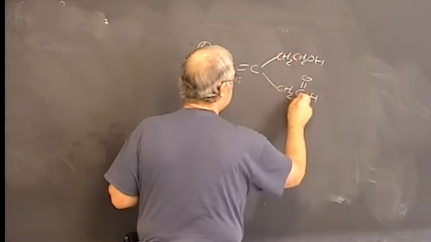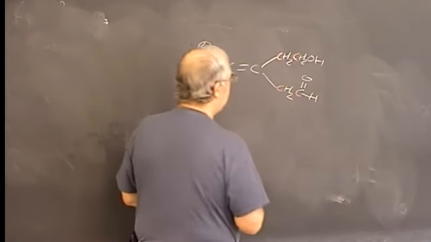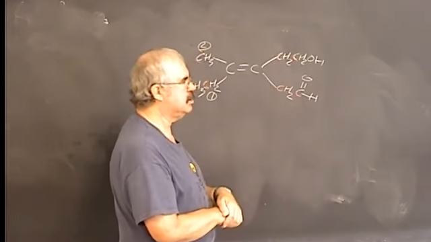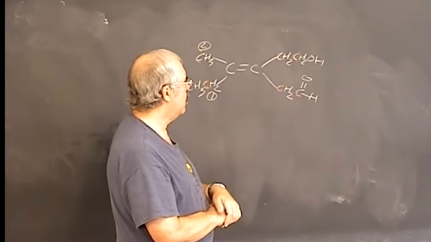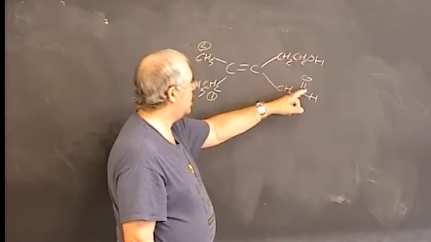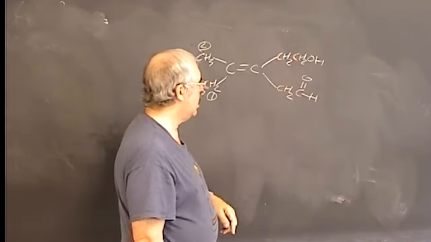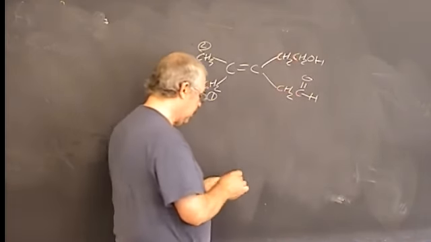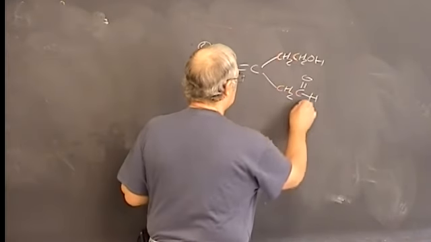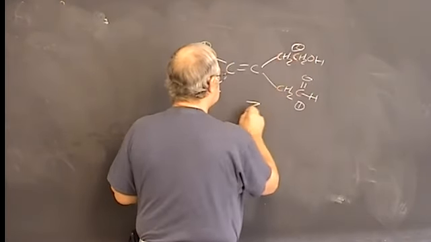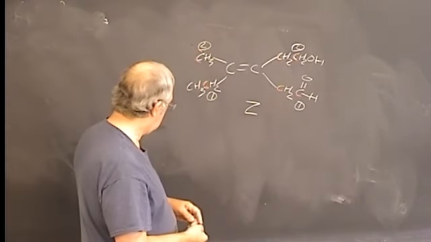Carbon is the same. And for the double bond, we treat this as though it's 2 oxygens. So 2 oxygens and a hydrogen would beat 2 hydrogens and 1 oxygen. So this one would have a higher priority, and so this would be the Z isomer.